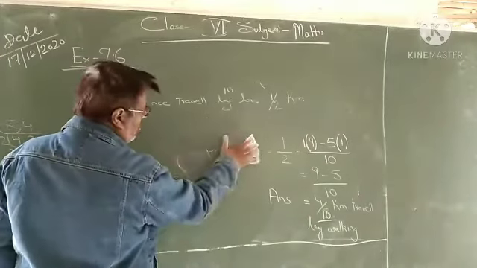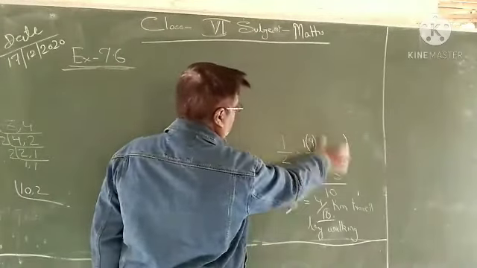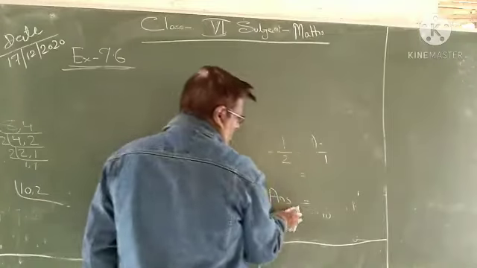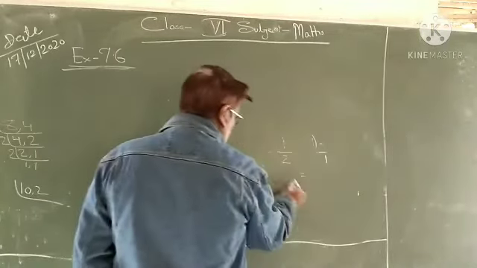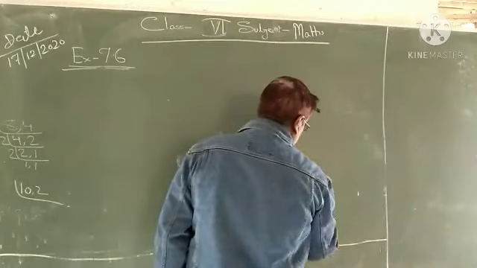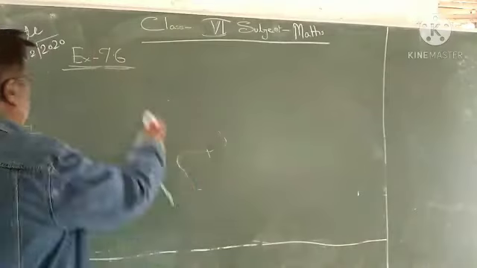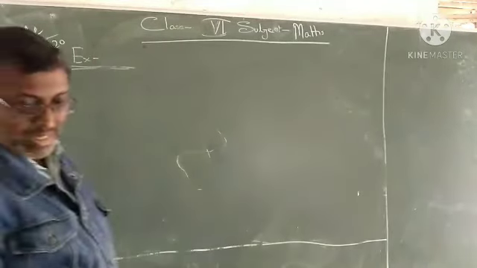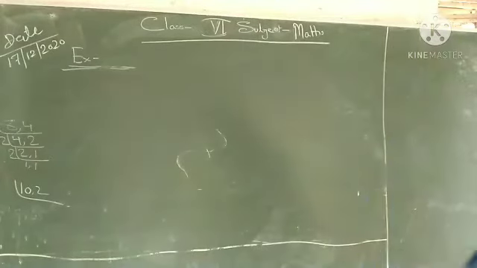There are two more sums of a similar type. I advise you to do them on your own and find the answers. Now let's move to the next chapter, which is chapter number 8, decimals.